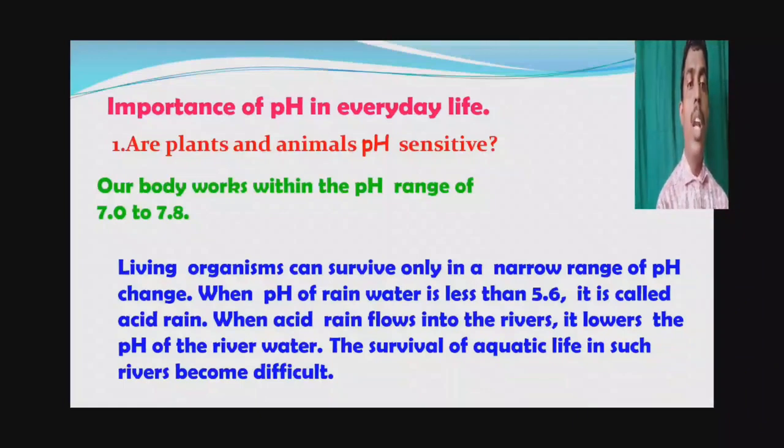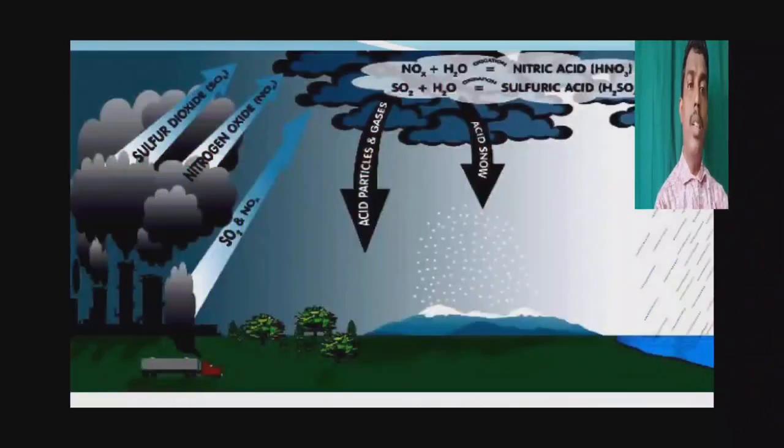The survival of aquatic life in such rivers becomes difficult, because plants and animals are pH sensitive. They can survive only in a narrow range of pH change.